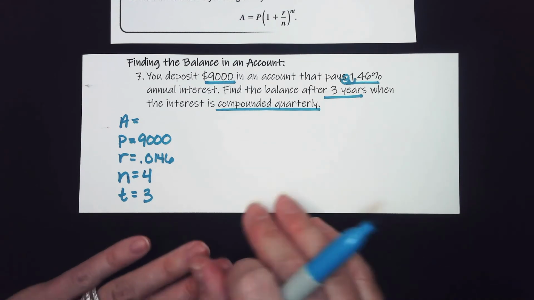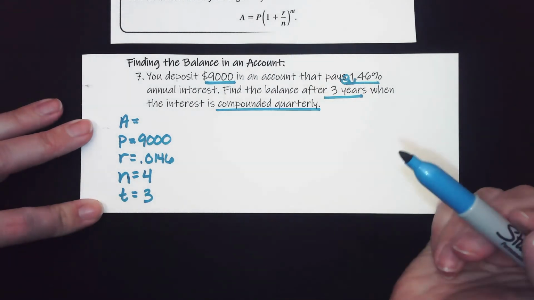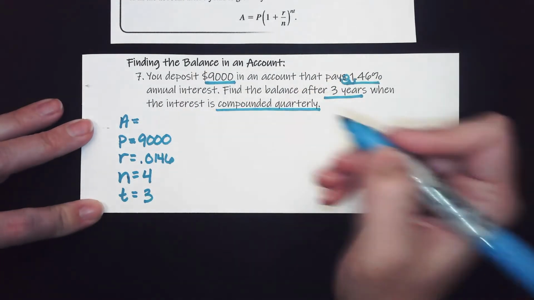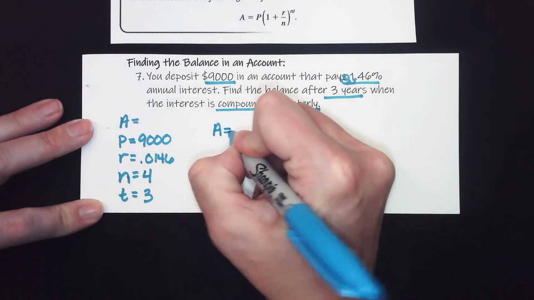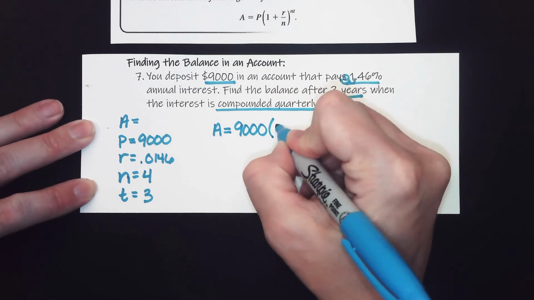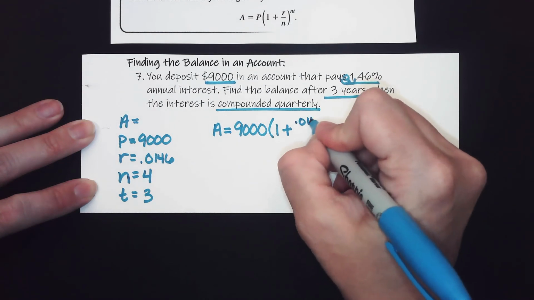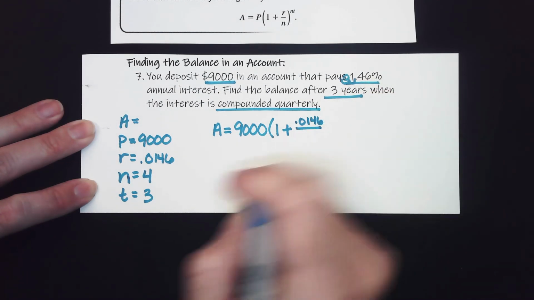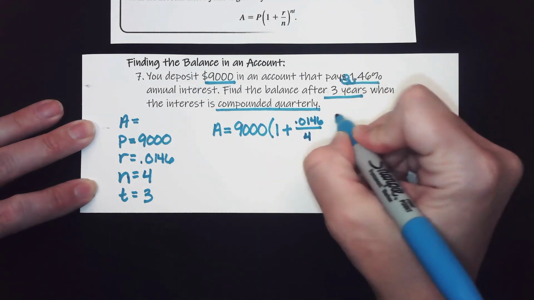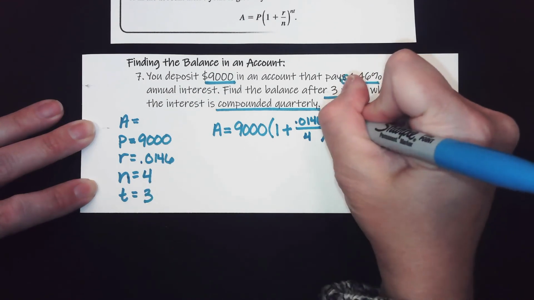All right, but let's go back to our problem. Now I'm going to plug in what I know into my formula. I don't know A, so I'm going to leave A. P was 9,000. 1 plus R, which we said was 0.0146, over N, which is 4. And the power is N times T, so 4 times 3.